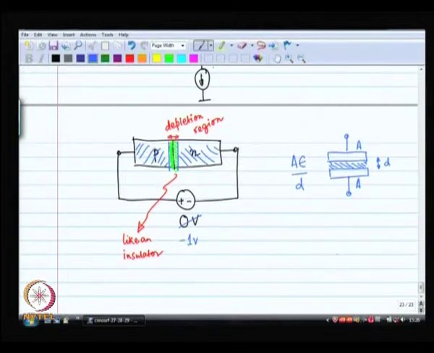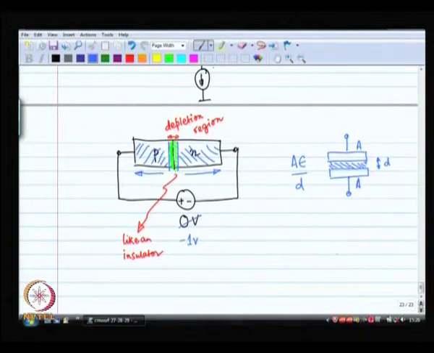The electrons get attracted towards the positive voltage, and the P side is negative, so the holes, which are positive charges, get attracted towards the negative voltage.